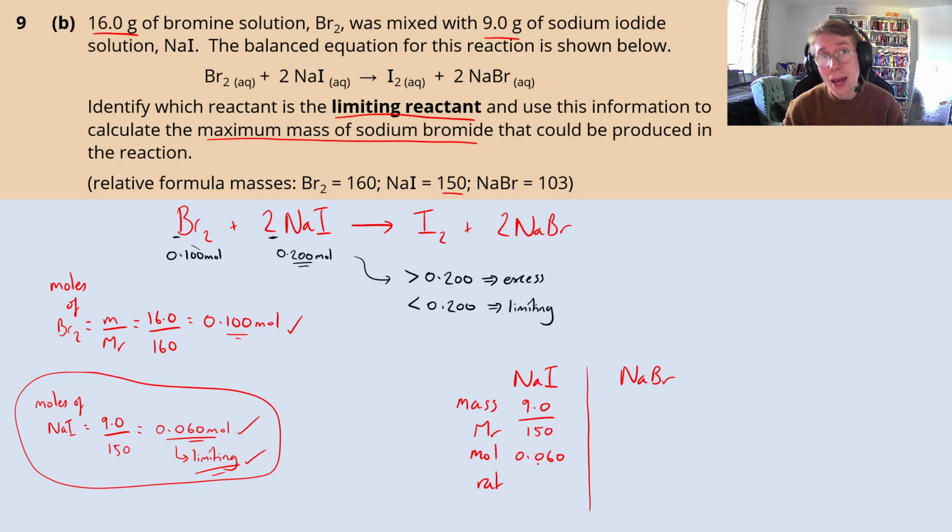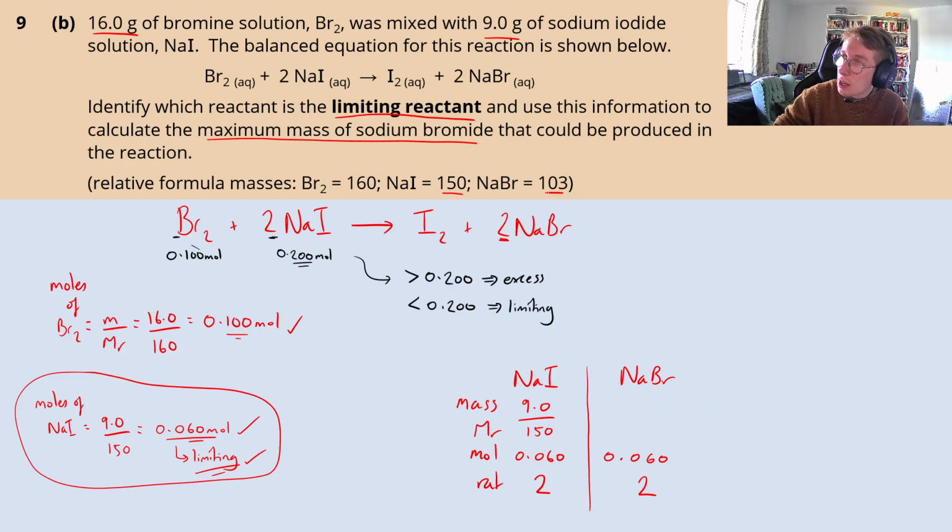Now let's look at the balanced equation for the ratio. So we've got a big 2 in front of sodium iodide, so I'm going to pop a big 2 there. And then we've also got a big 2 in front of sodium bromide, so I'm going to put that there. So it's a 2:2 ratio, which we can simplify as saying it's a 1-to-1 ratio, because however many moles of sodium iodide we use, we're going to get the same number of moles of sodium bromide. So what that means is the number of moles of sodium bromide that's being produced is 0.060.